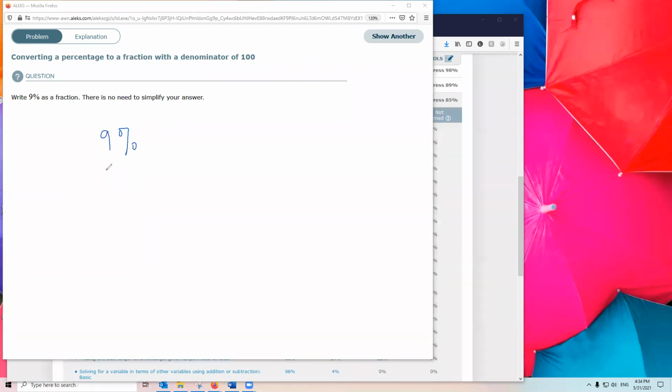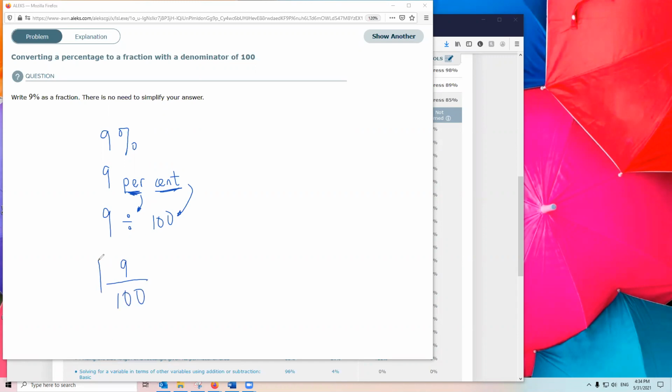If I write 9%, I could write that out in words as percent. Well, per means division and cent means 100. So really, when you see 9%, it means 9 divided by 100. Remember, the word per means division and the word cent means 100. But 9 divided by 100, I could write as a fraction as 9 over 100.